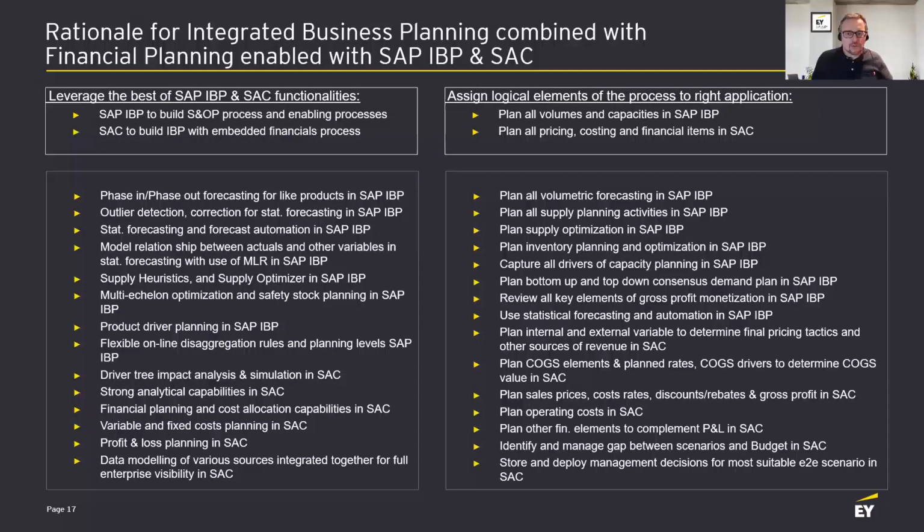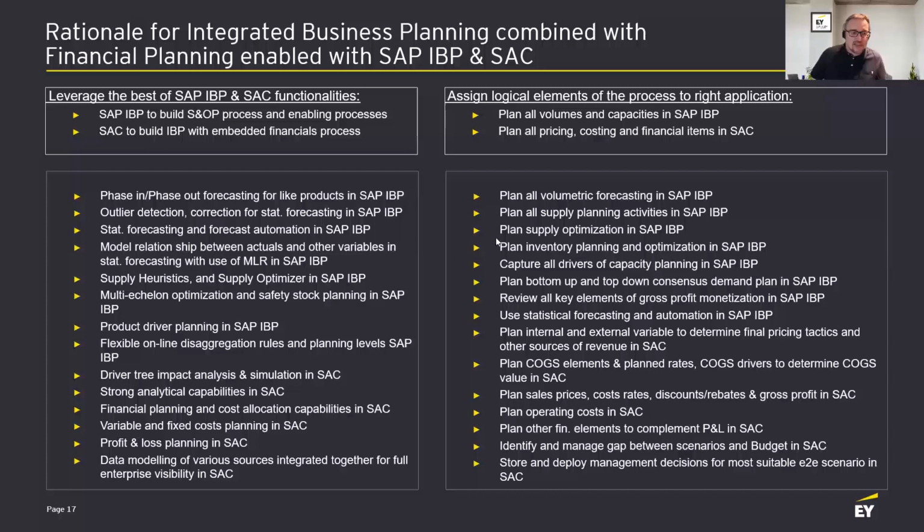We said that we will share a little bit on the rationale why we developed the model in that way and not the other way. One of the key rationales was to take the best of SAP IBP and SAP Analytic Cloud. So we take the best of SAP IBP for the supply chain planning parts of the process.